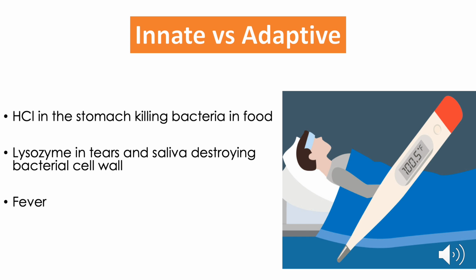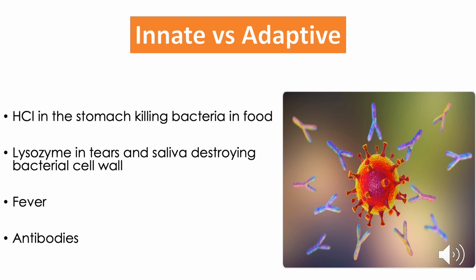You develop fever against viral infection. You develop fever against bacterial infection. And some parasitic infections will also manifest with fever. So, therefore, fever is classified under innate immune response.